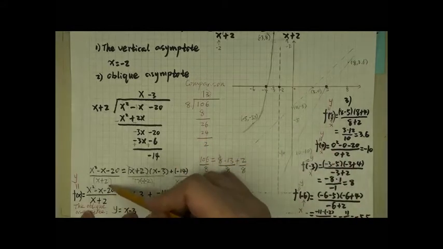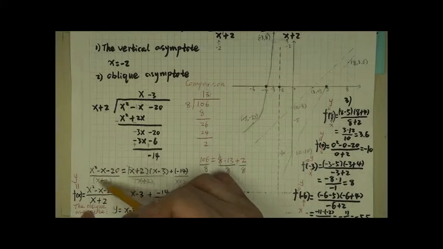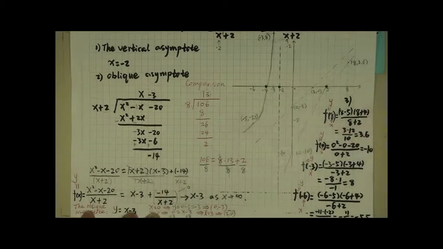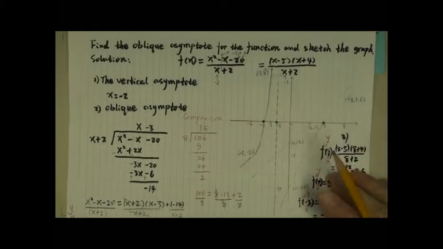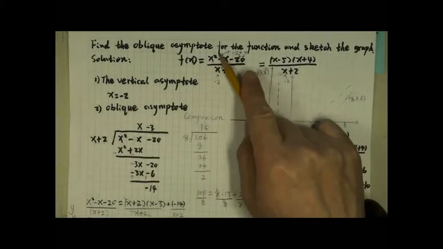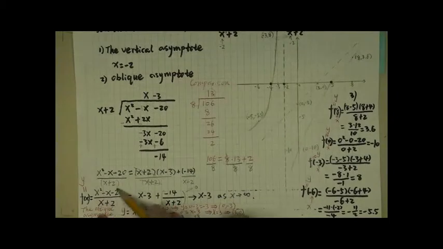The left hand side is just x squared minus x minus 20 over x plus 2. Okay. So look, it's basically this one is the one here, and it can be written in this way.